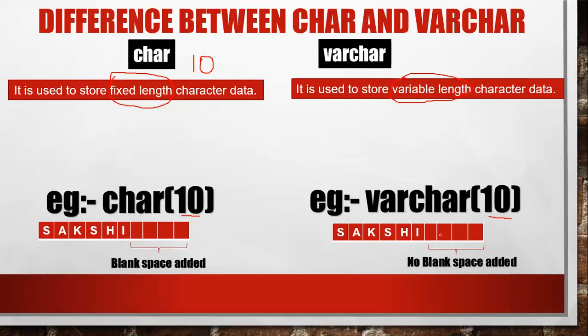If we consider the size of the data in varchar, it will show me 6. But in the case of char, if I check the size of the data, the system will give me the answer 10. Why? Because it consumes the entire space. But in case of varchar, if I check the length of the data, it will show me 6, because it considers only the blocks in which the data is present. It does not forcefully fill blank spaces in the left blocks.